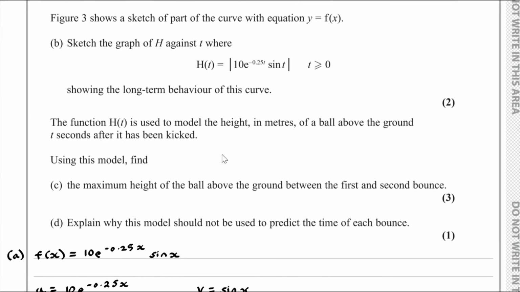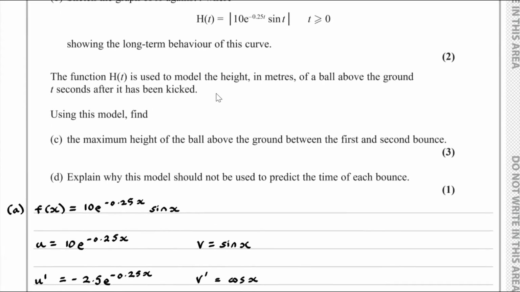Now for the next part of the question, the function h of t is used to model the height in meters of a ball above the ground t seconds after it has been kicked. Using this model, we have to find the maximum height of the ball above the ground between the first and second bounce.